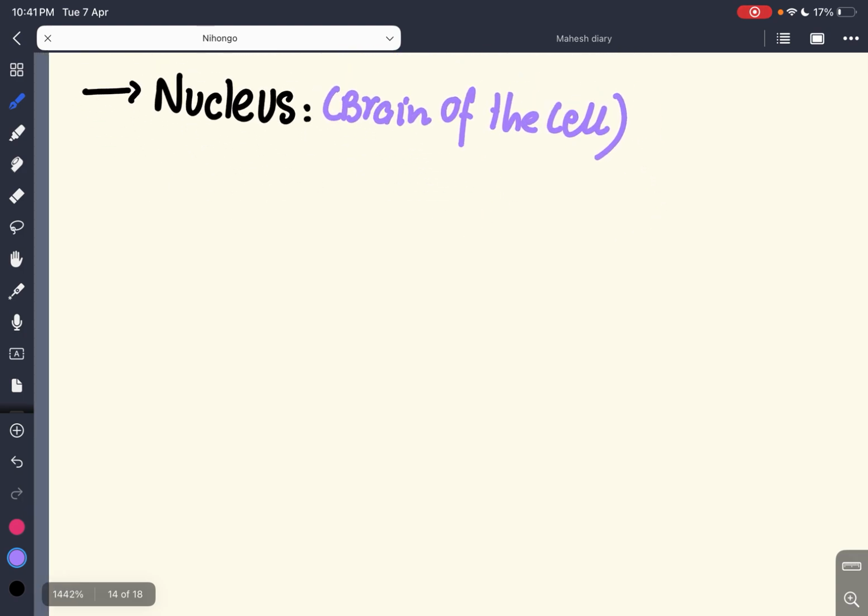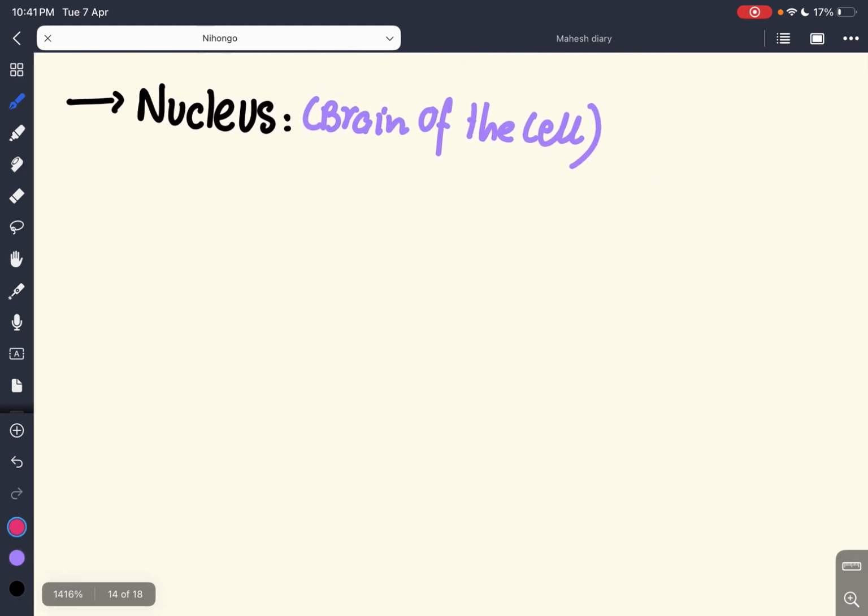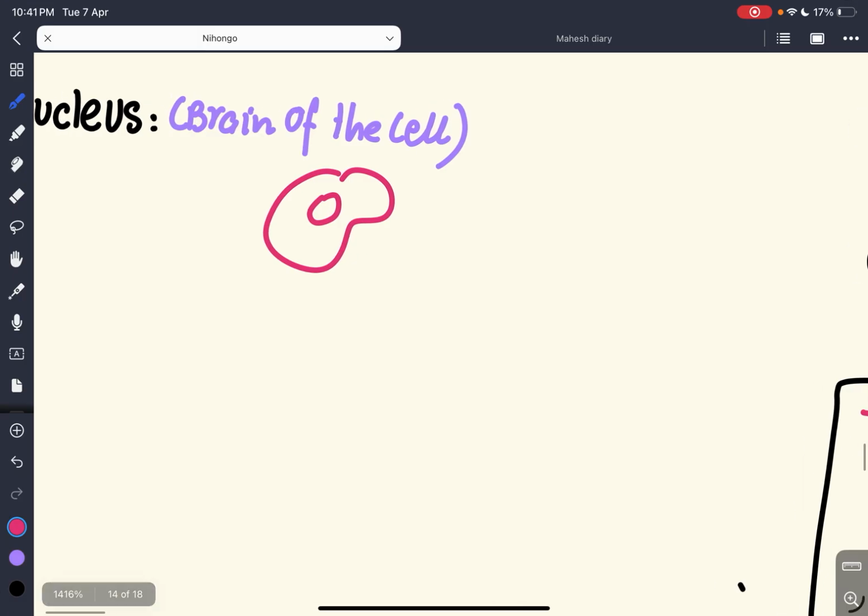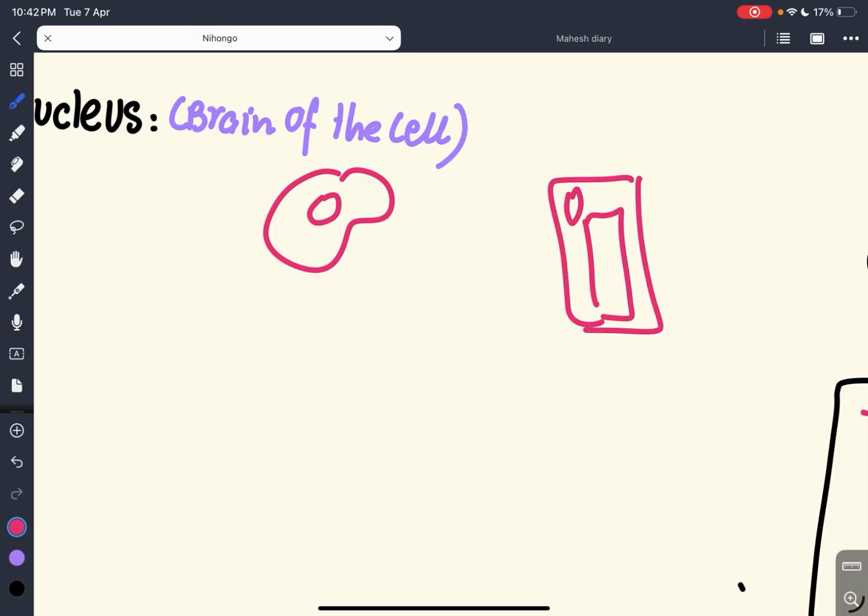Now, this brain of the cell has different positions in different cells. If we talk about an animal cell, it is in the middle. If we talk about a plant cell, it is in a corner space.